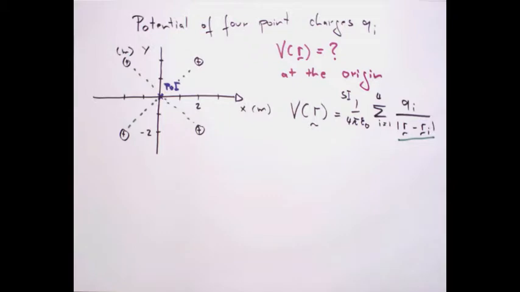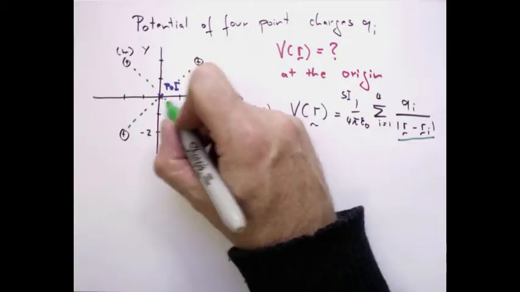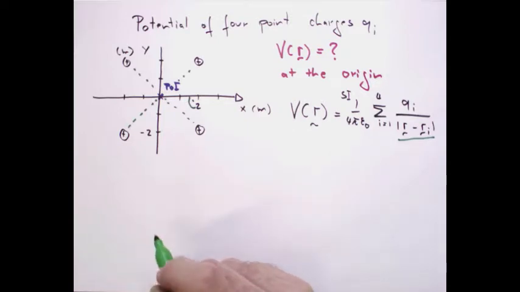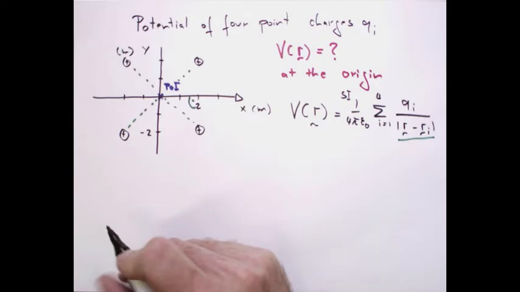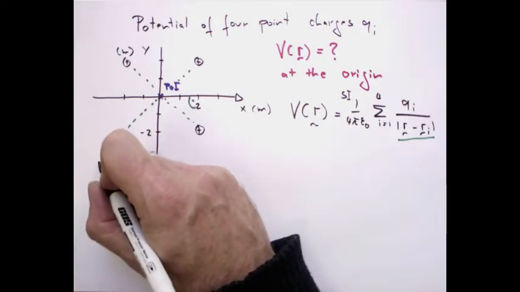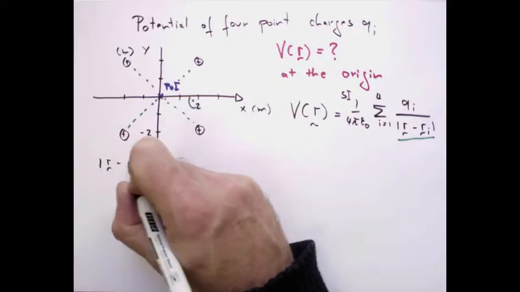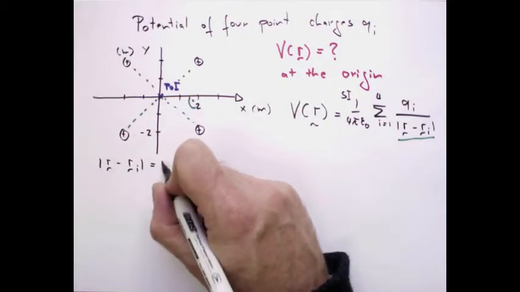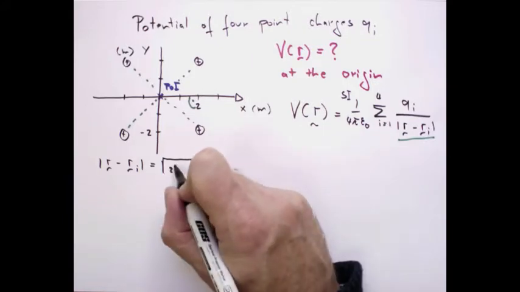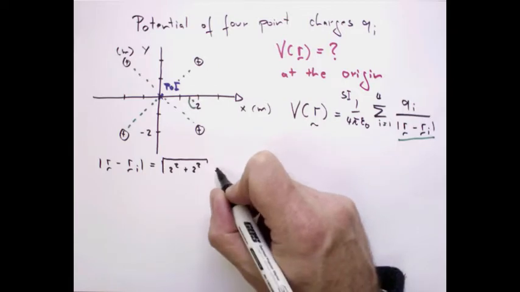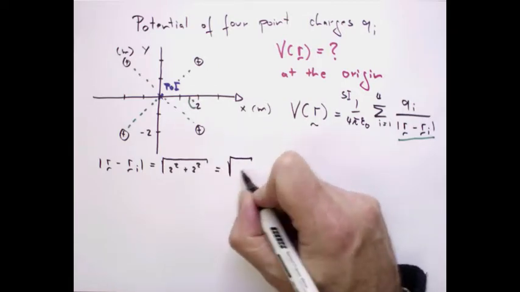because this is the right angle, so we can use Pythagoras to conclude that they are all equal. The magnitude of R minus Ri, in all cases, is equal to the square root of 2 squared plus 2 squared, which is the same as the square root of 8.